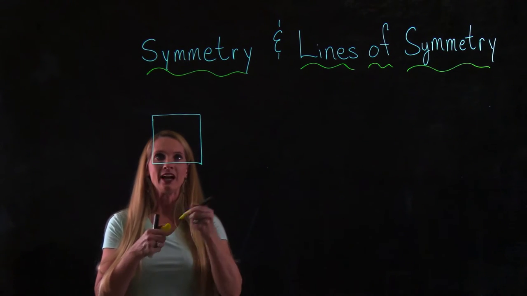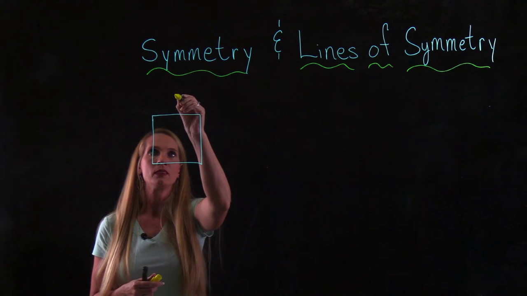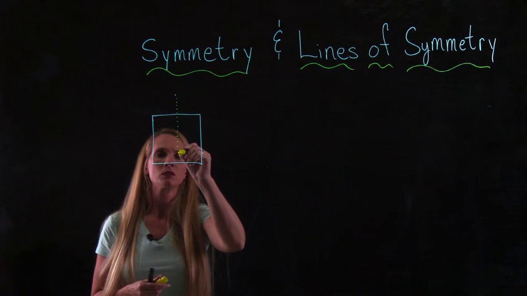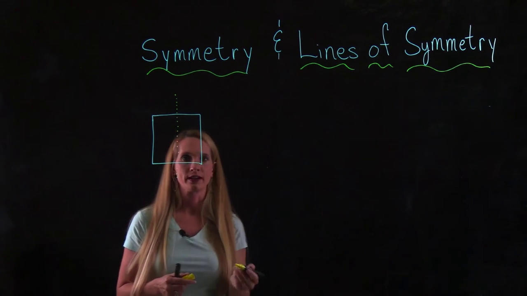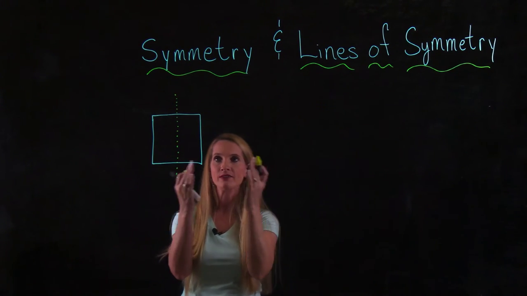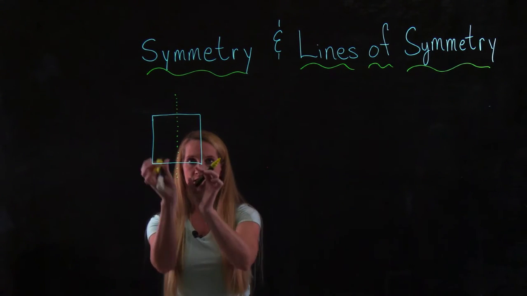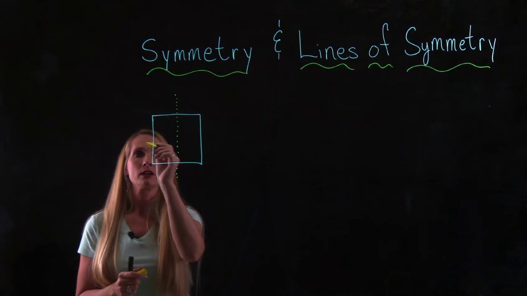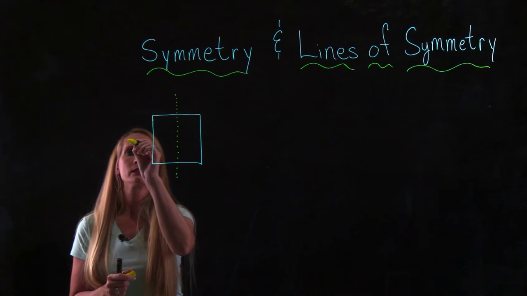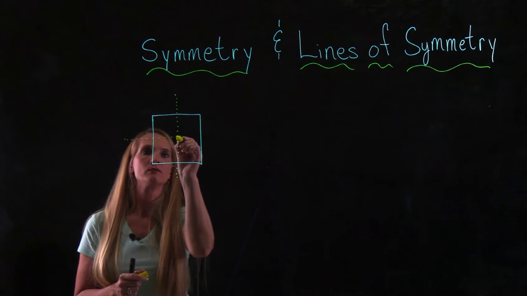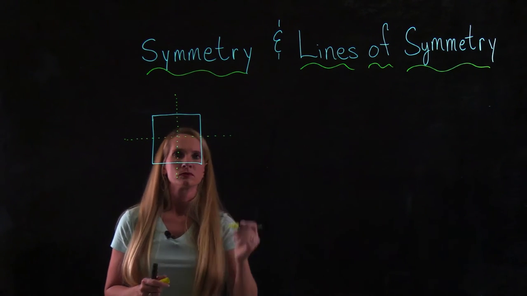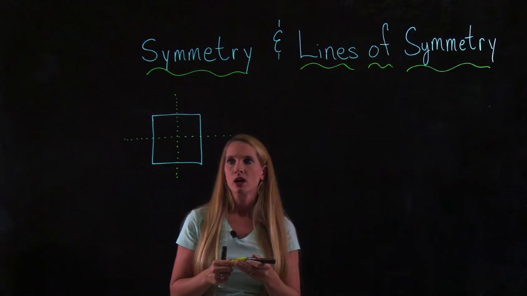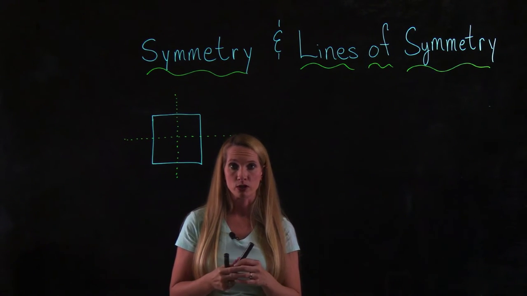One, I could take it right down the middle, and that would be one line of symmetry because I could fold it in half and open it up, and this side would be symmetrical to this side. Then I could go and take it this way. And if I fold it in half, then we have two lines of symmetry.